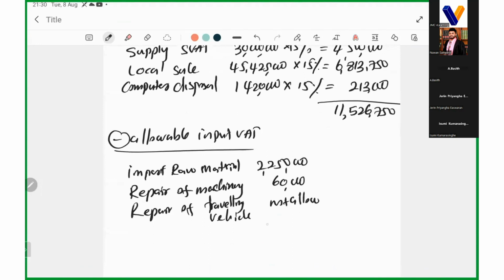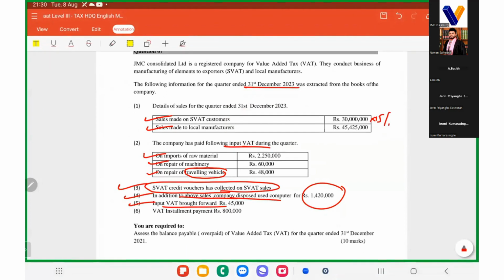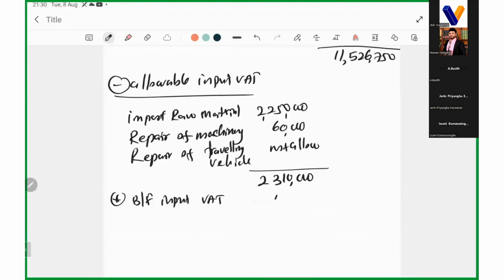So here the total input VAT you can take is 2,310,000 plus brought forward input VAT of 45,000. So altogether you can transfer this side, 2,355,000.